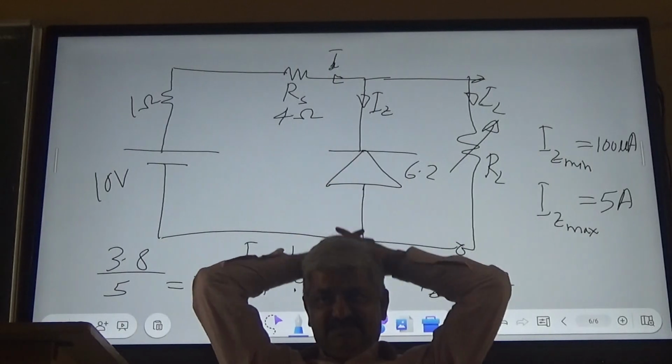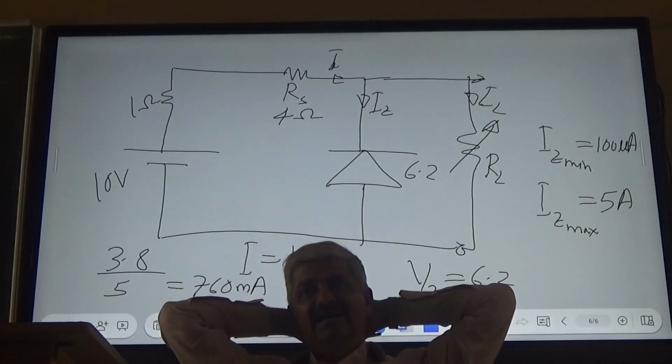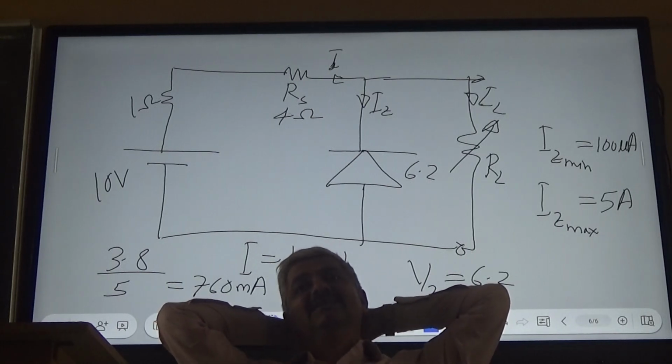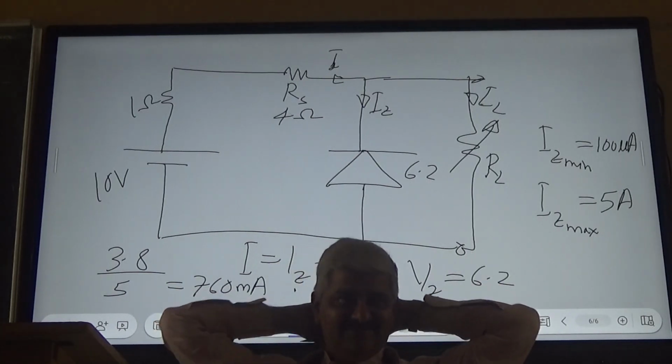Actually, this zener itself is a magical shunt resistor.